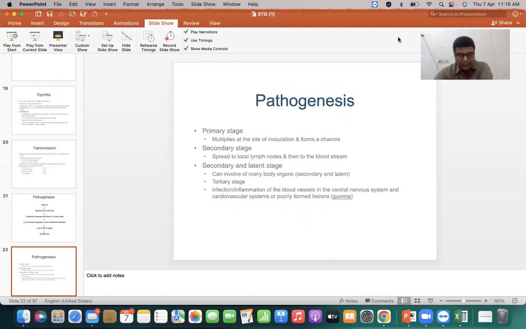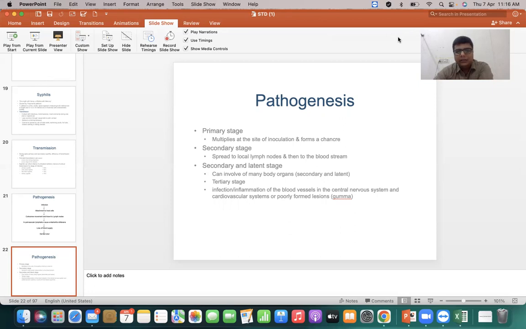What are the stages of syphilis in pathogenesis? First is the primary stage. The spirochete, Treponema pallidum, multiplies at the site of inoculation and forms a chancre, which then enters the secondary stage.